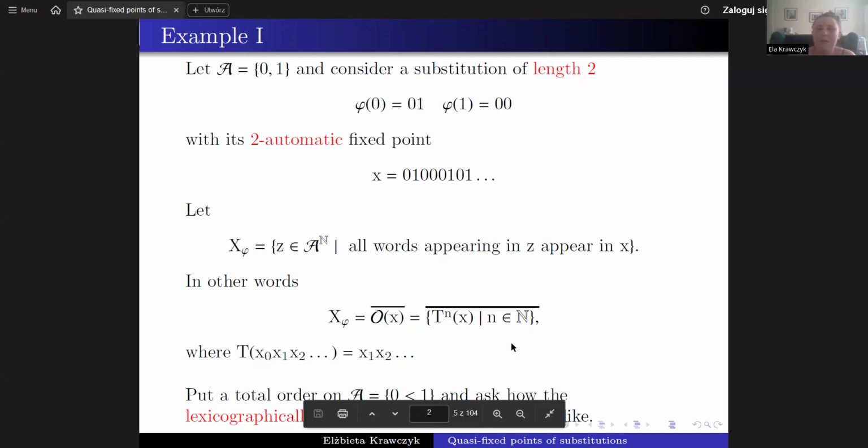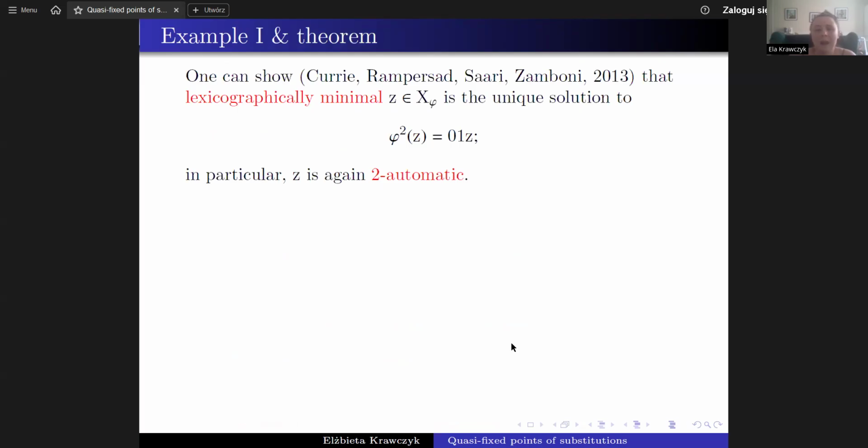For this particular example, one can show, or more accurately, Currie, Rampersad, Saari, and Zamboni showed in 2013 that the lexicographically smallest point Z with respect to this order is the unique solution to the following equation.